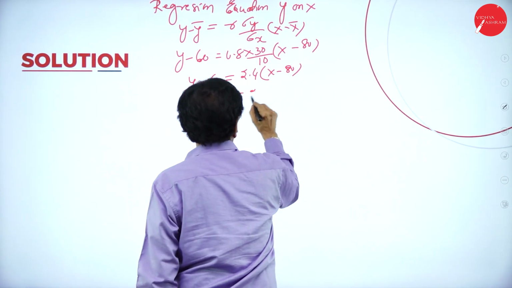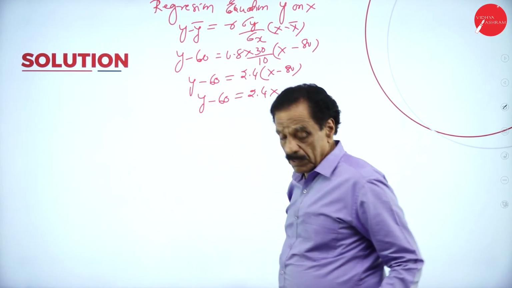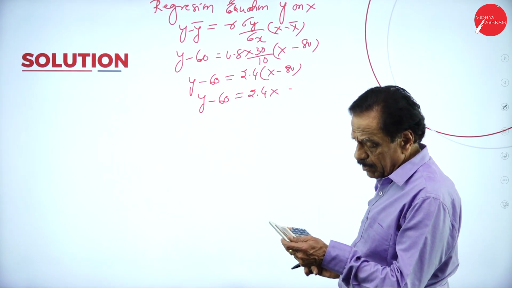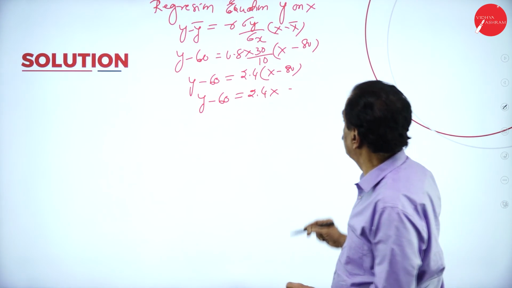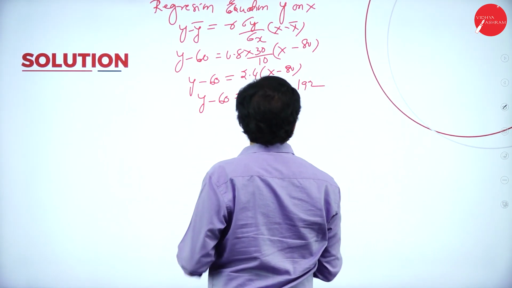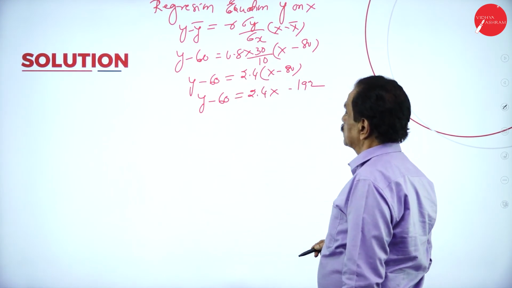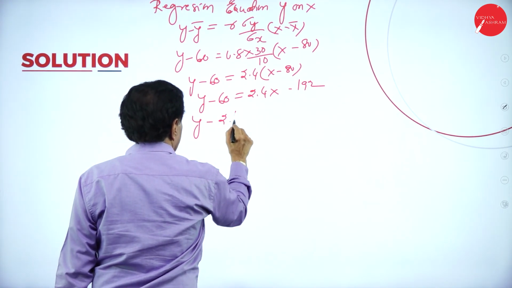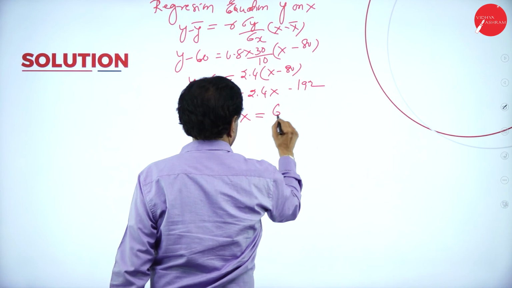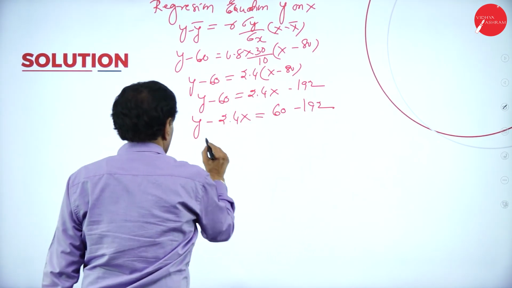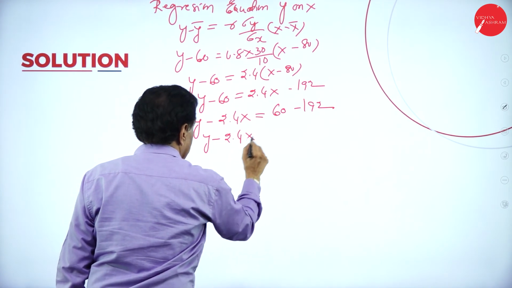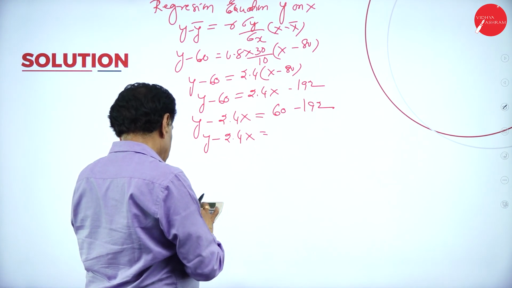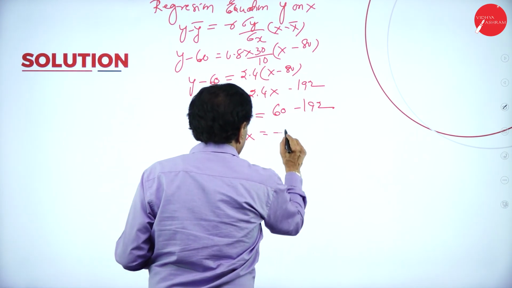Y minus 60 equals 2.4 into x, which is 2.4x, minus 2.4 into 80, which is 192. So you take this x this side: y minus 2.4x equals 60 minus 192, which is minus 132.